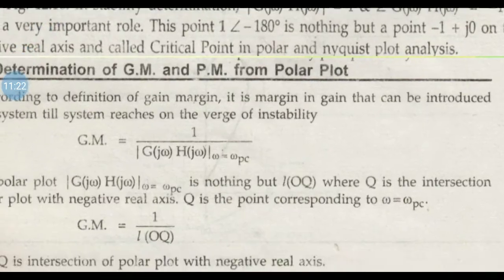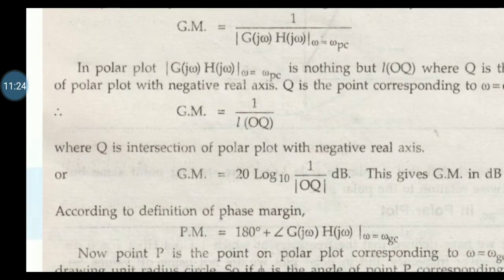So gain margin is equal to 1 divided by the magnitude of G(jω)H(jω) at ω equal to ωpc.